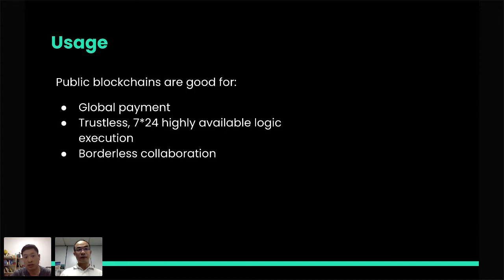It enables trustless and 24/7 highly available logic execution. With these features in mind, we can actually enable borderless collaboration across the world. Like you can send a transaction or pay some money to people in the US from Germany, and you can build a decentralized organization from different countries and incentivize your team members to work on a common goal.